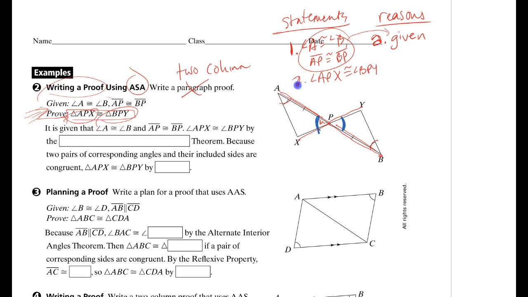Now, that was our statement. Why can I say that those are congruent? Because they're vertical angles. How many times do we use vertical angles as a reason? Yes, a lot. Get ready. Vertical angles. That's all you need to write for me as the reason why. Vertical angles are congruent is fine, or just plain old vertical angles.